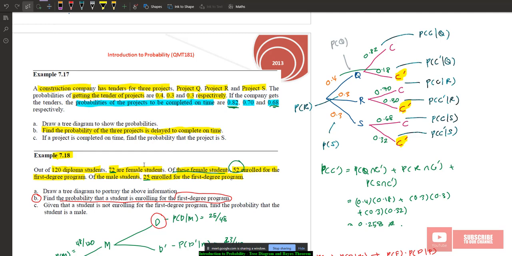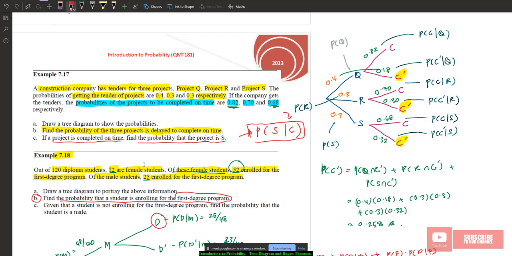And then if the project is completed on time, find the probability that the project is S. The project is already completed, so this is given, and we want to find the probability that the project is S. This is what question C asks us. We want to find probability of S given C.